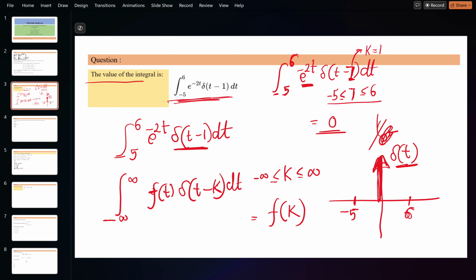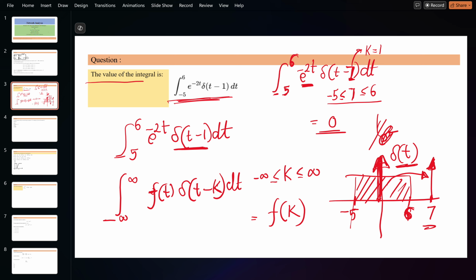When you shift it by 7, delta t minus 7, the delta came here. So it shifted to here, but you wanted to find the area in the range itself, and the delta was lying outside of that range. So its area will be 0 in the range of minus 5 to 6.